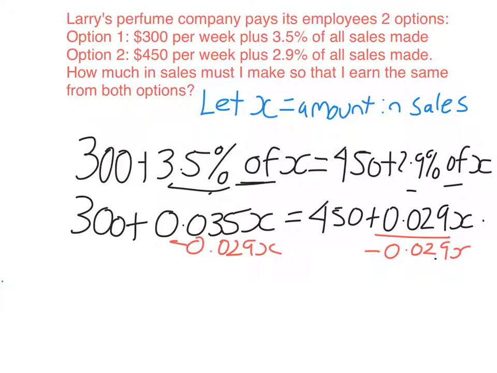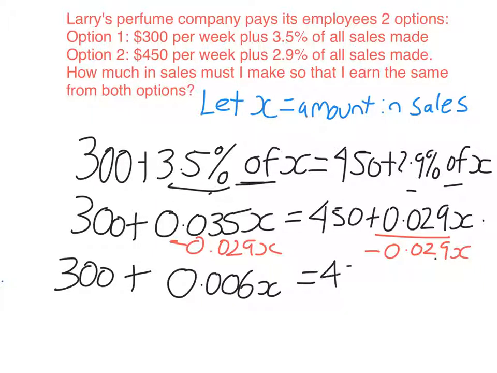So 0.035 minus 0.029 is equal to 0.006. So we have 0.006x. We still have our 300 here like normal and our 450 on the other side.